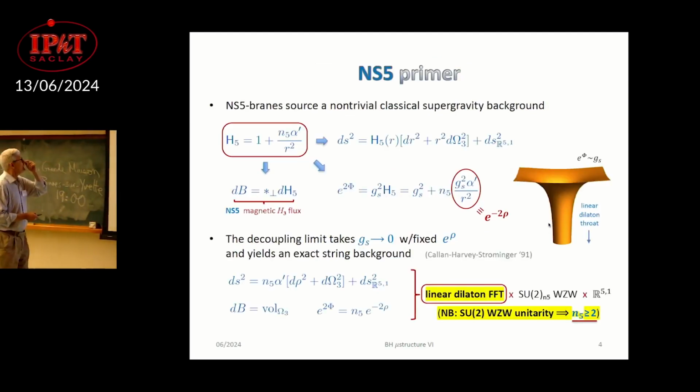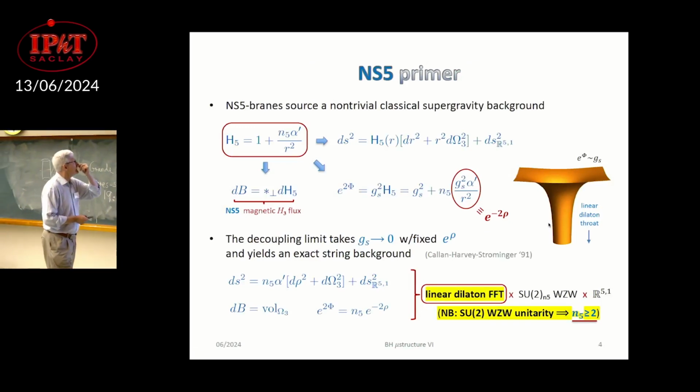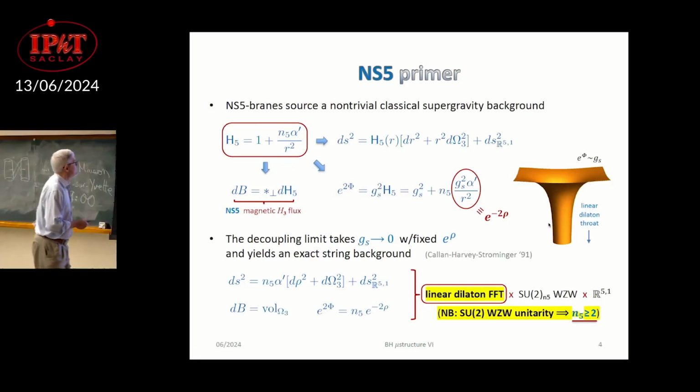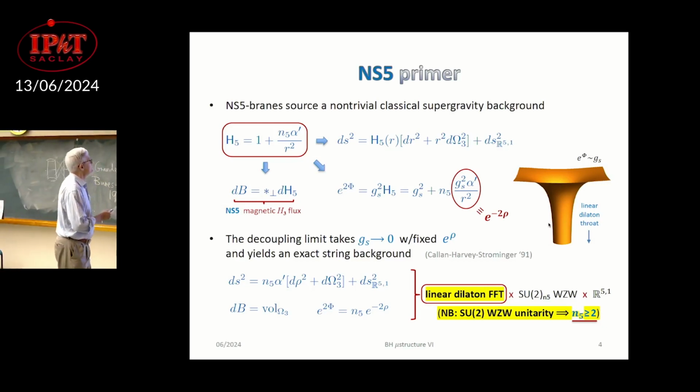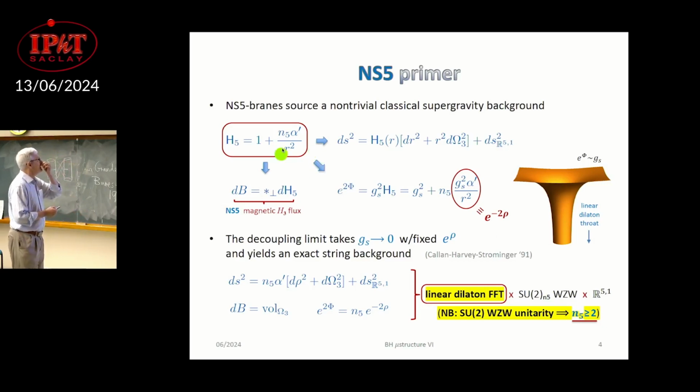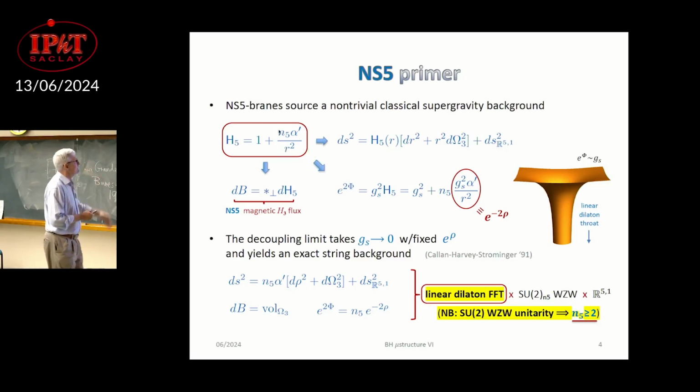Okay, so let's begin with a quick overview of the geometry that's sourced by a bunch of NS5-branes. As usual with BPS things, you need a harmonic function that's related to the 5-brane source.